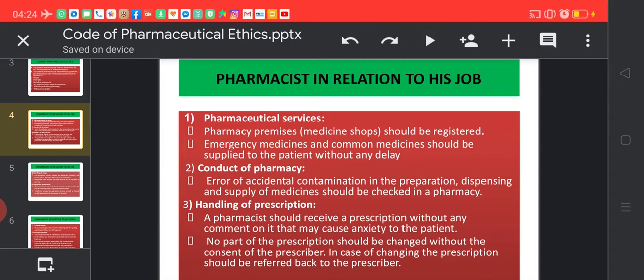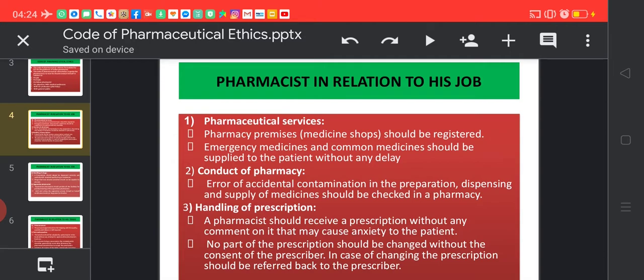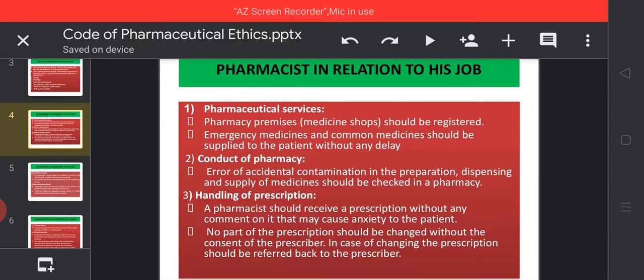So here we are with the pharmacist in relation to his job. What are the role and responsibilities of any pharmacist in regard to his job? So first of all, pharmaceutical services, conduct of pharmacies, handling of prescriptions, handling of drugs.